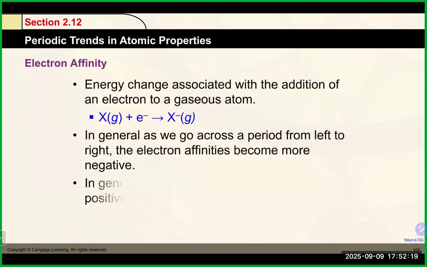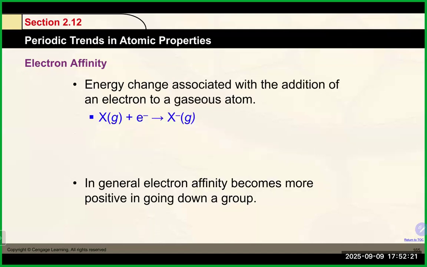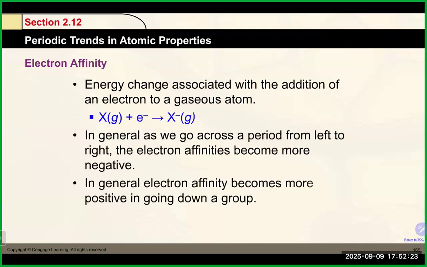All right, the next trend we're going to talk about is electron affinity. Electron affinity is much like the name implies. If you have an affinity for something, you like it. This is different, by the way, than electronegativity, which we'll talk about in just a second. Electron affinity is the energy change that occurs when an atom gains an electron.